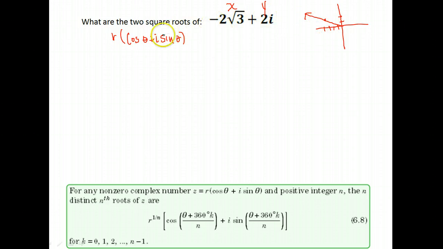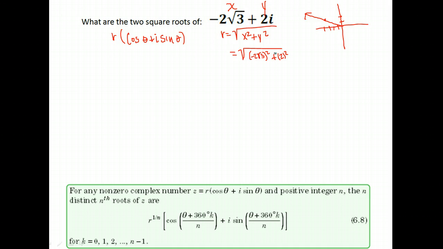All right, so next we're going to find our r. r is equal to the square root of x squared plus y squared. Again, this is our x value, this is our y value. So we have the square root of (-2 root 3) squared plus 2 squared.